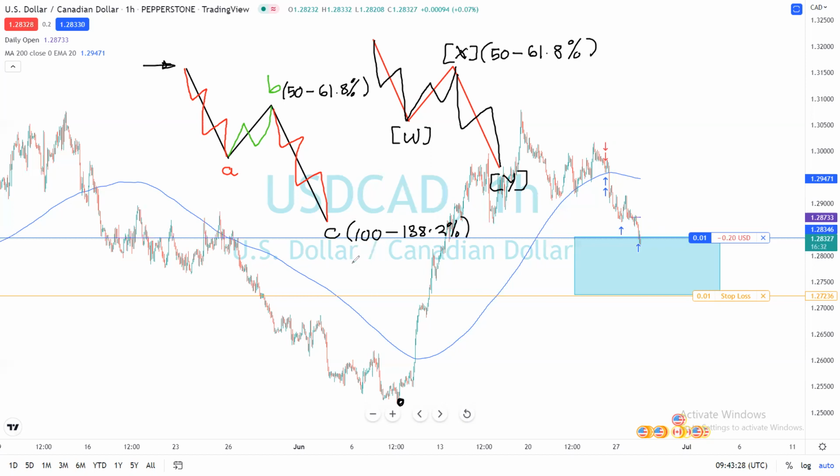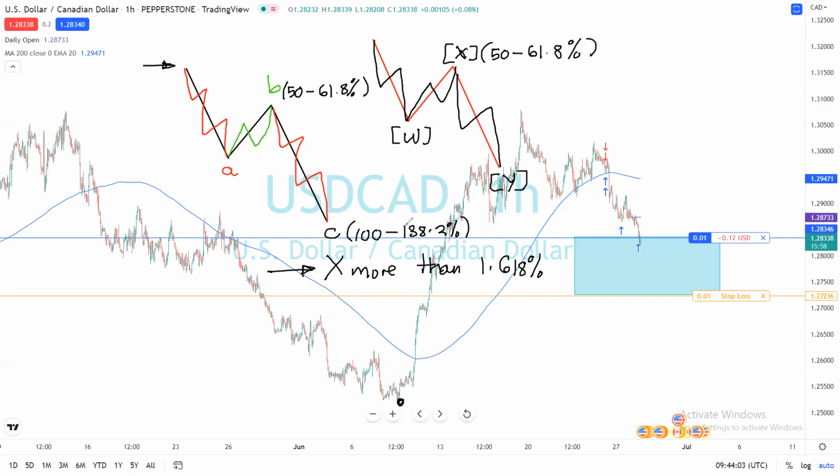But in any case, this is a rule for the zigzag: it should not retrace more than 161.8% of A. So this is a very important point, because if you are positioning yourself, you can forecast or anticipate where your wave C is going to terminate.